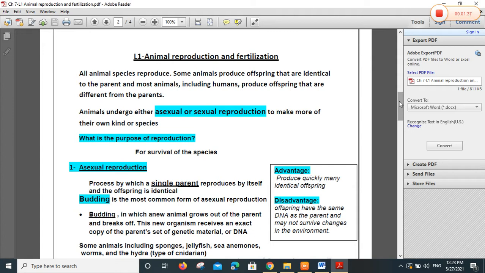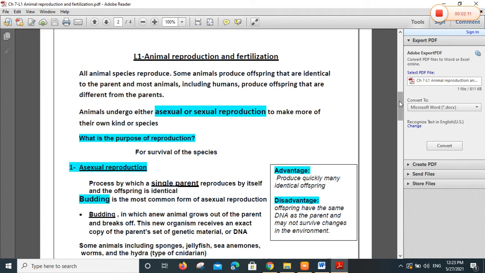When we speak about asexual, I mean this process happens through one parent only, a single parent, but sexual means two parents. Asexual reproduction is the process by which a single parent reproduces by itself, and the offspring in this case is identical.